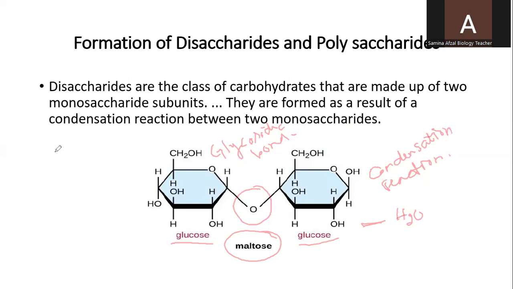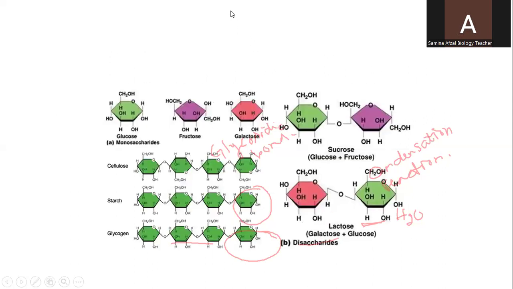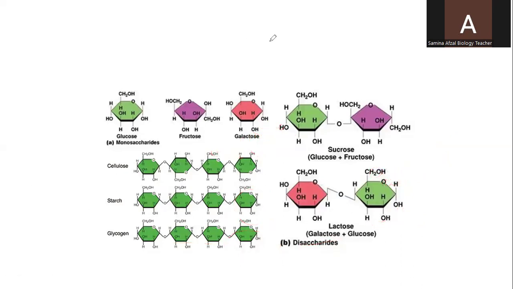So when one glucose molecule joins with another glucose molecule, maltose is formed, with a glycosidic bond between the two glucose molecules, and this process is called a condensation reaction.